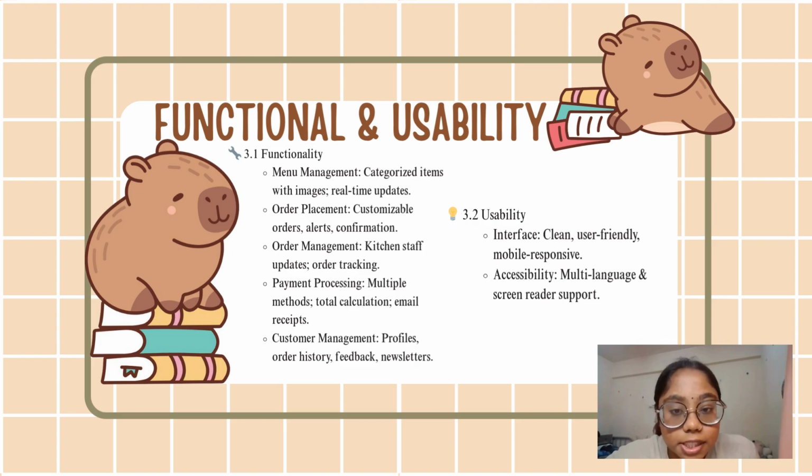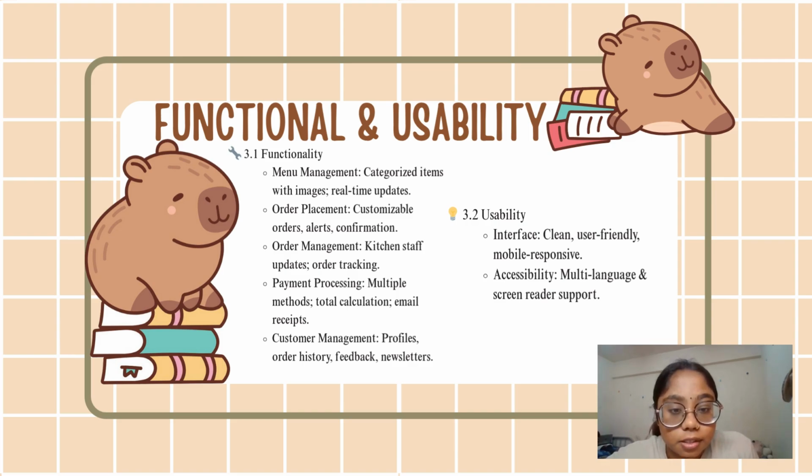The functionality is menu management, categorized items with images, real-time updates, order placement with customizable orders, alerts and confirmation, and order management where kitchen staff update and track orders. Payment processing has multiple methods, total calculation, and email receipt, and customer management is the profile, order history, and feedback and news data.